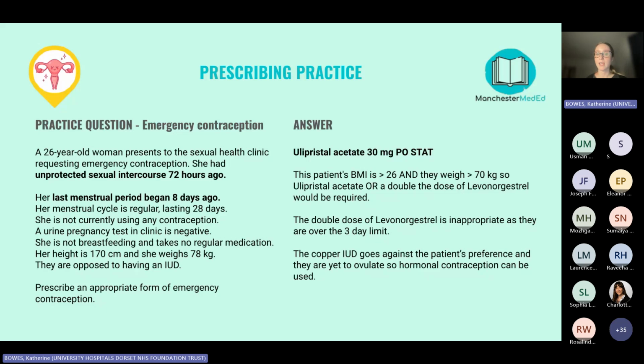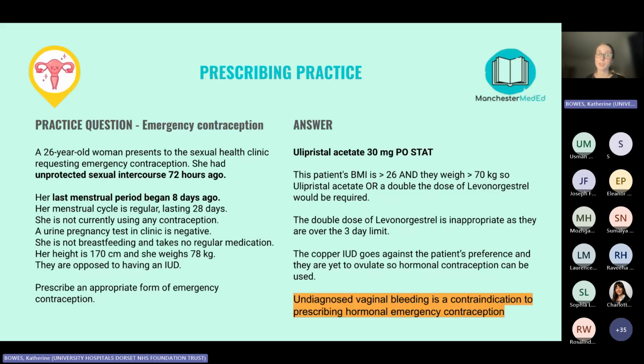Going through this, the BMI is high and she weighs more than 70, and that's why you either want to go with the ulipristal acetate or the double dose of levonorgestrel. In terms of why you can't do the double dose of that one, it's because she's over the 3-day limit. So that's why you're stuck with ELA1. And the copper IUD, although, like we've discussed, it's the most effective, it goes against the patient's wishes. So that one's inappropriate. That's how we got to that answer.